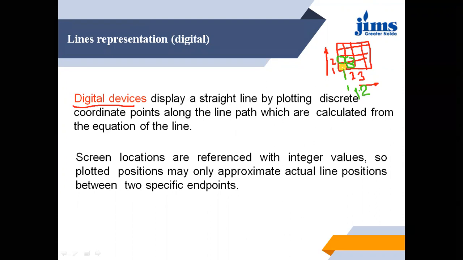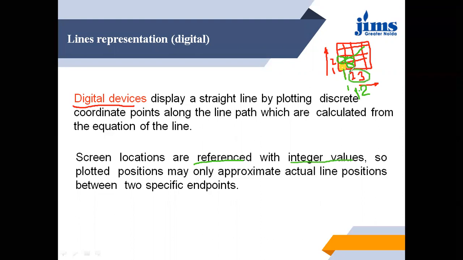It displays a straight line by plotting discrete coordinate points along the line path, which are calculated from the equation of a line. Suppose I have to draw this line from here to here. This cannot be straight, as screen locations are referenced with integer values.